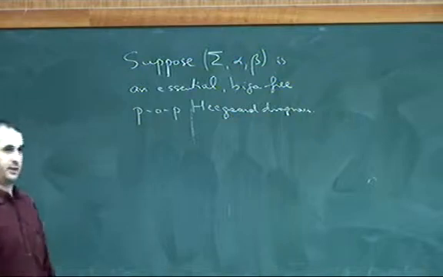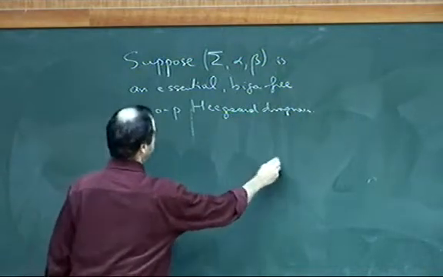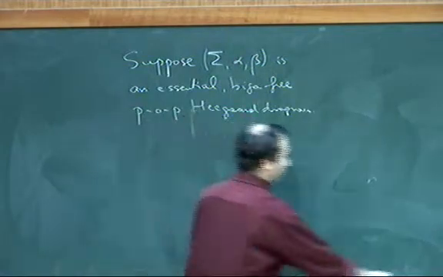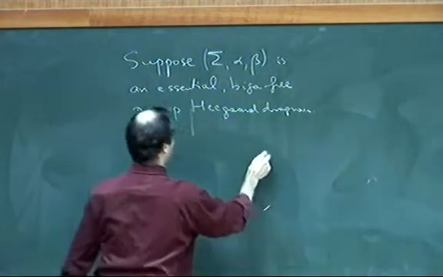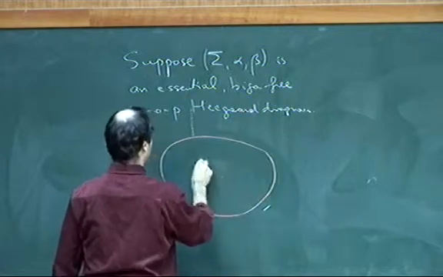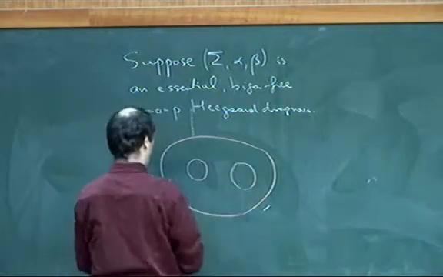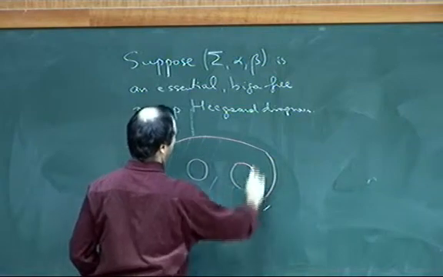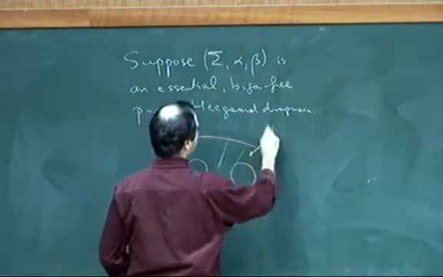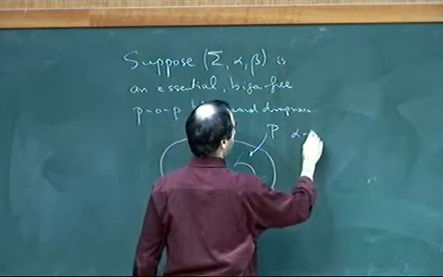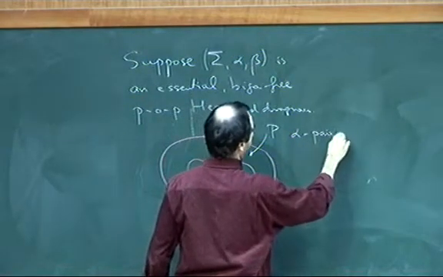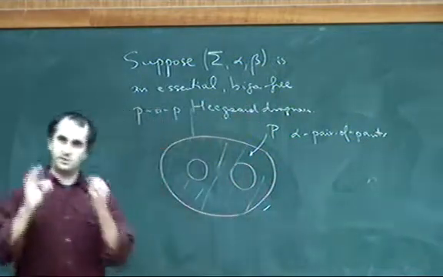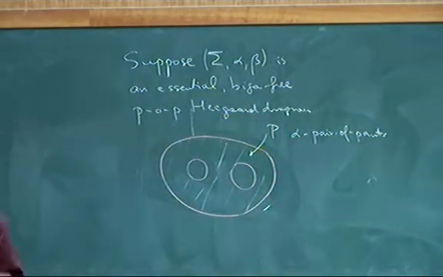Well, let's take an alpha pair of pants. I will use this color code. So this is P, an alpha pair of pants. It's just a subsurface bounded by three alpha curves.